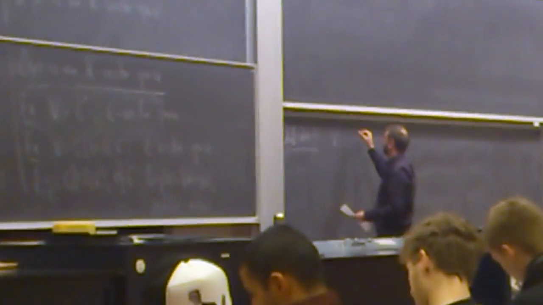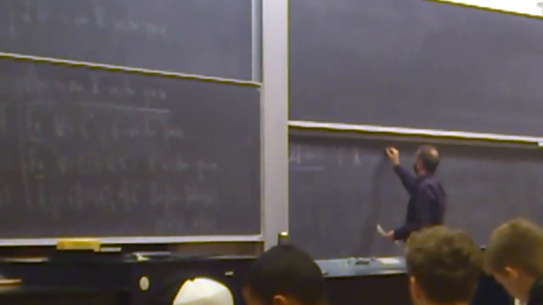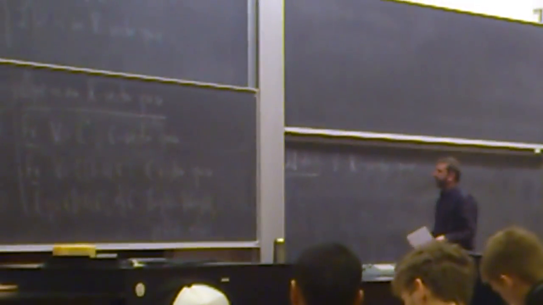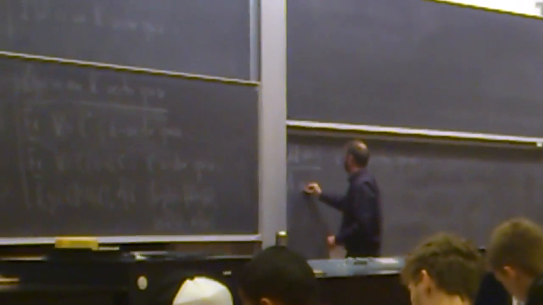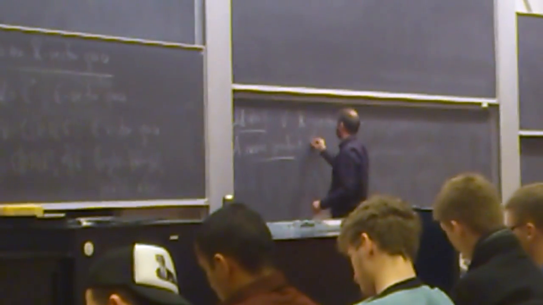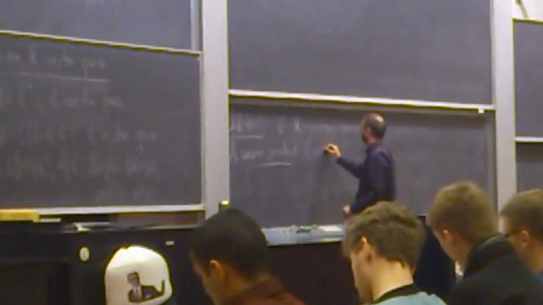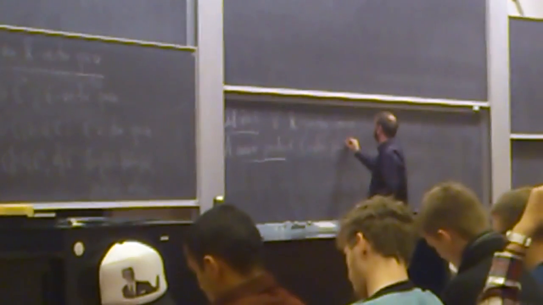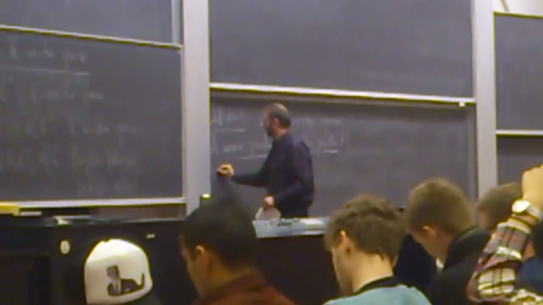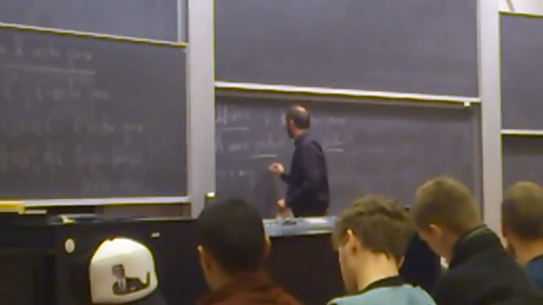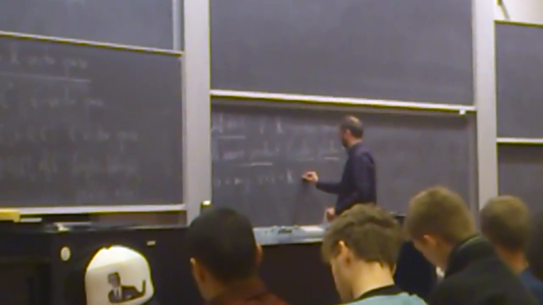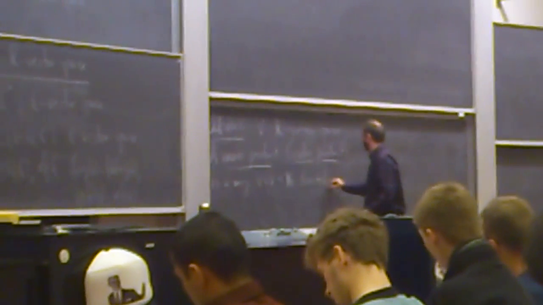So V is a K vector space. K is either the reals or the complex numbers. Then we say an inner product, or it's also called a scalar product, is a function or a map that goes from V cross V into K, denoted by brackets.